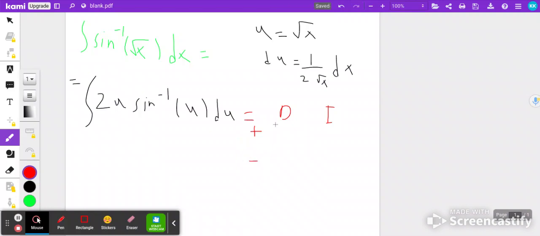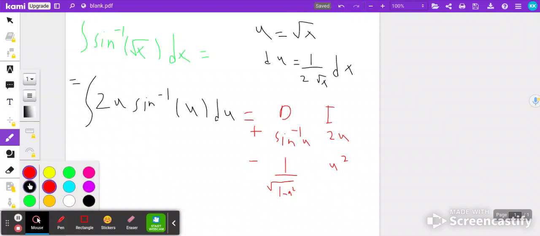So I'm going to integrate 2u, and I'm going to differentiate sine inverse of u. If I differentiate that, this becomes 1 over the square root of 1 minus u squared. And integrating 2u becomes u squared itself.